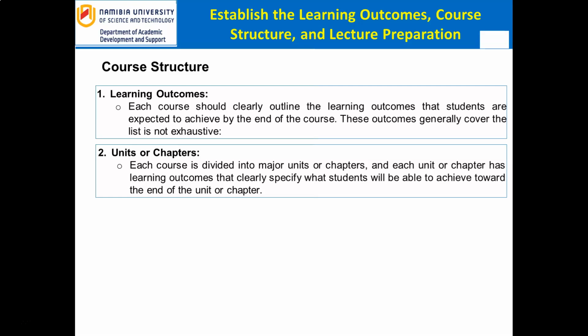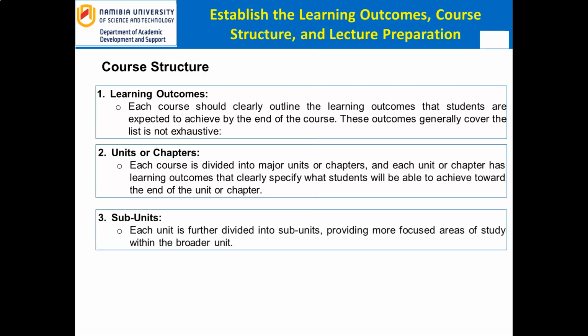3. Subunits. Each unit is further divided into subunits, providing more focused areas of study within the broader unit. Subunits ensure a more granular learning approach and help break down complex topics into manageable chunks. For example, Unit 1, Fundamentals of Data Science may get 3 subunits, such as Subunit 1.1, Introduction to Data Science Concepts, Subunit 1.2, Historical Background and Evolution, Subunit 1.3, Key Terminologies.